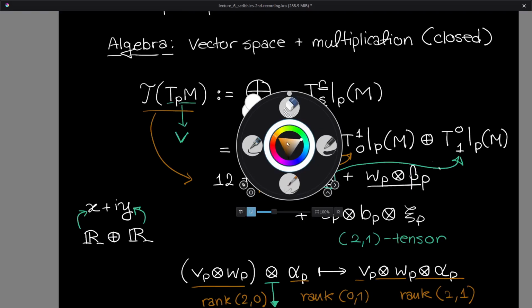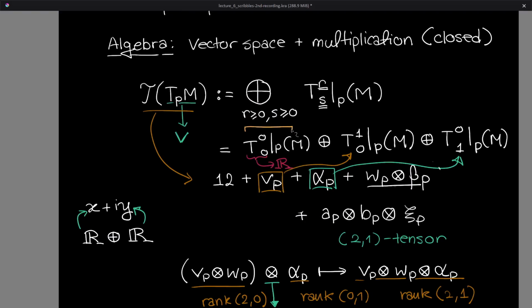Let me highlight that. These are grade 0.